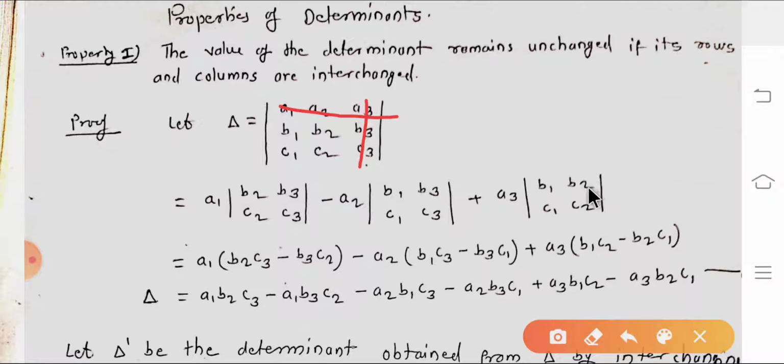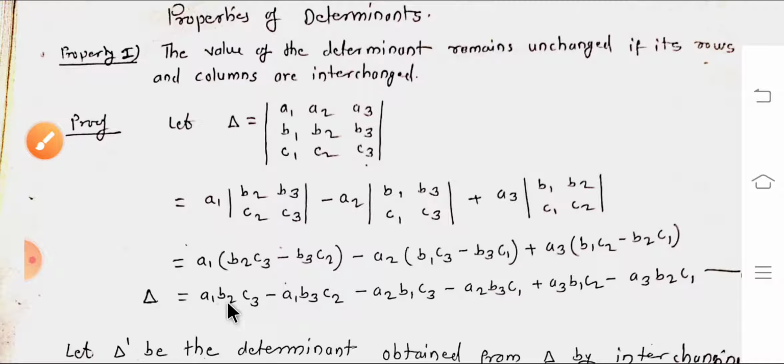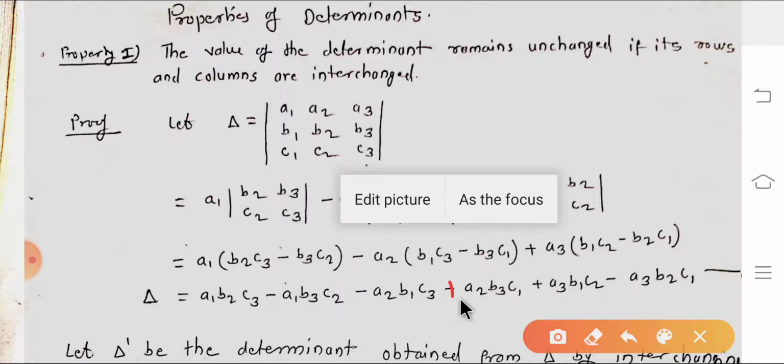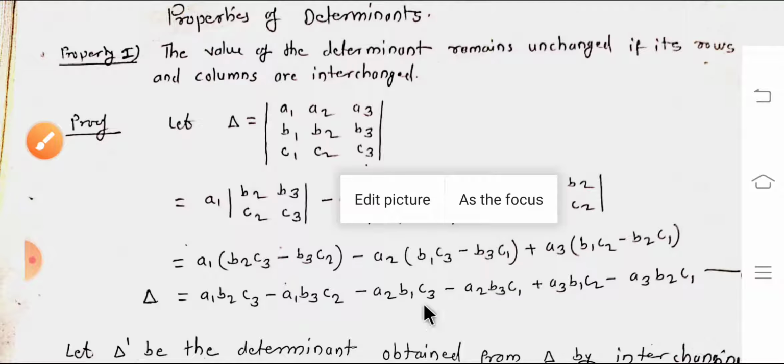So delta equals a1 b2 c3 minus a1 b3 c2 minus a2 b1 c3, and minus into minus, this sign should be plus, plus a2 b3 c1 plus a3 b1 c2 minus a3 b2 c1. Consider this equation 1.